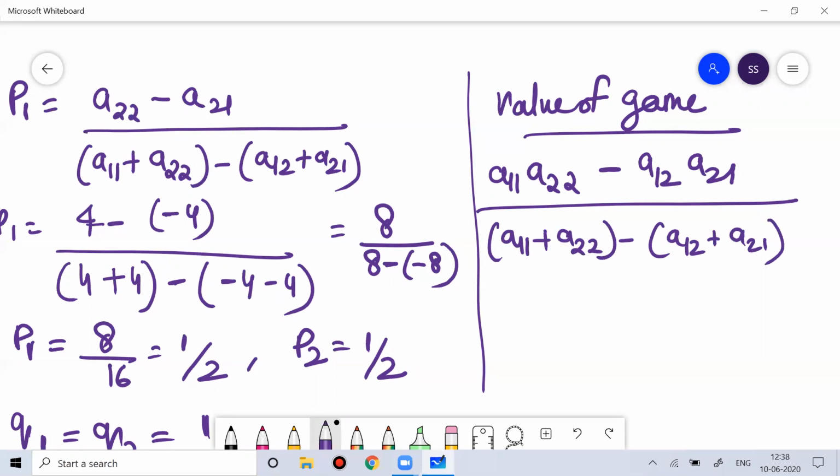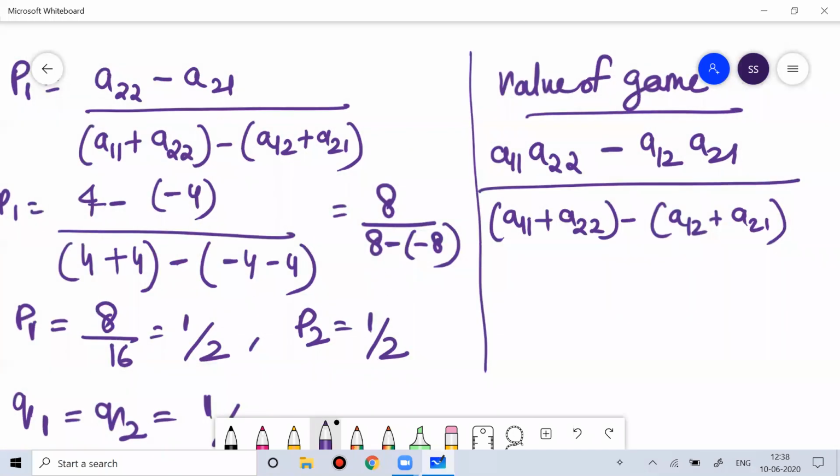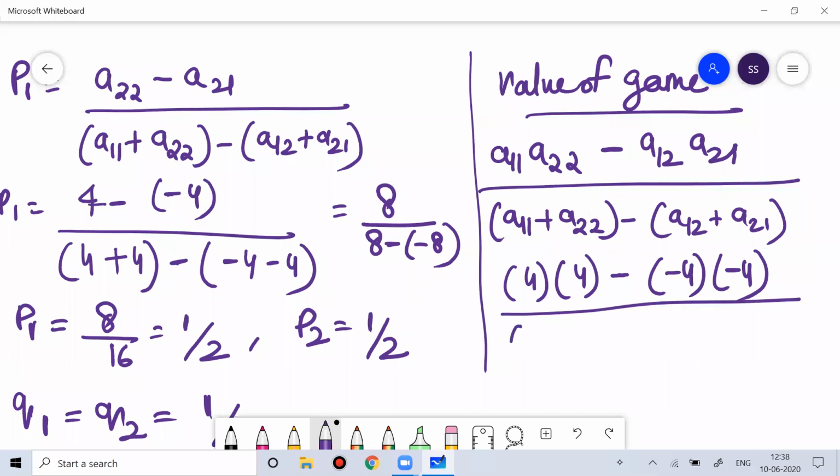So this is 4 into 4 minus of minus 4 into minus 4, divided by 4 plus 4 minus of minus 4 minus 4.